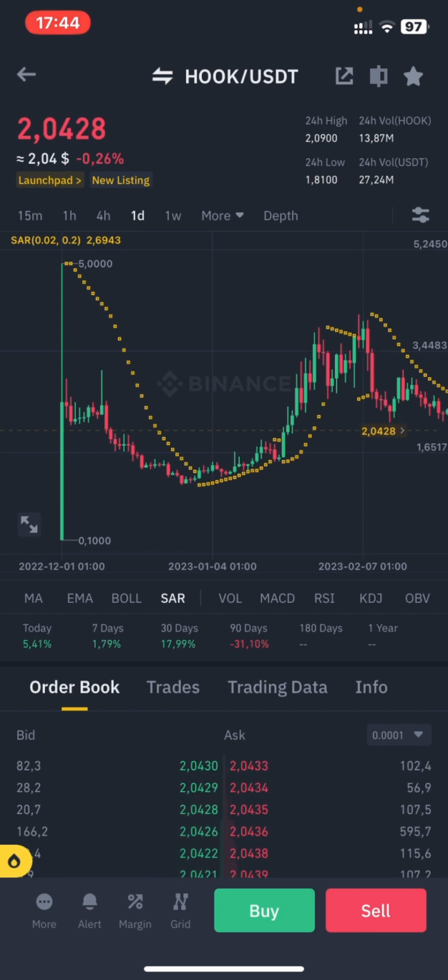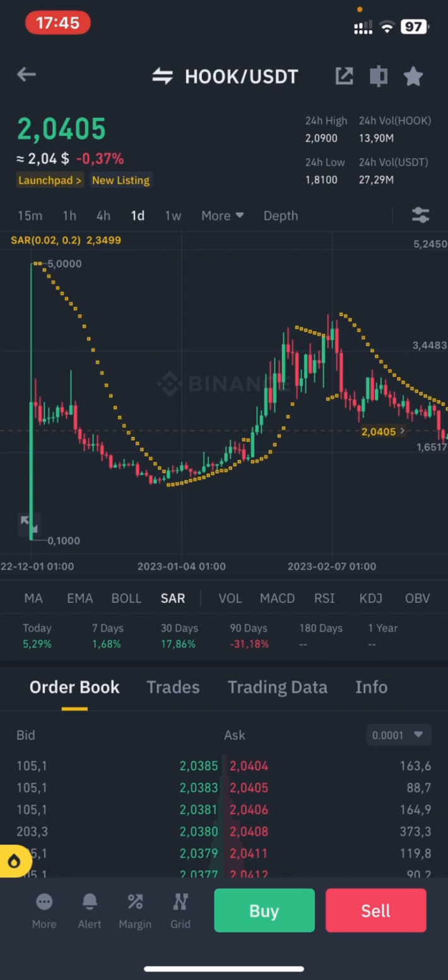Is it possible for this token to go down further? It's possible, but these indicators have already predicted this within a few days, let's say like 20 days, because these are daily charts. So one candle is for a day.